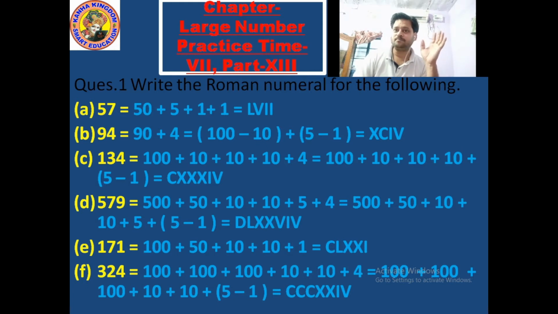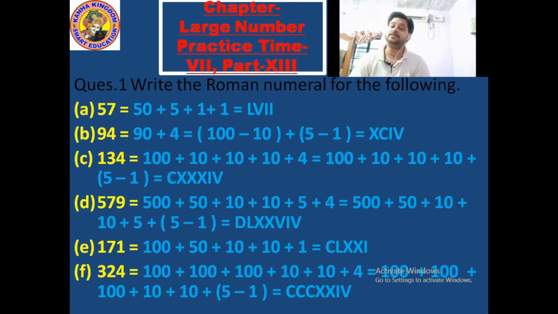Clear? Now third part, C, 134. Again, this is very easy. You just split these three numbers. 134. So first write down 100 plus 30, then 4.